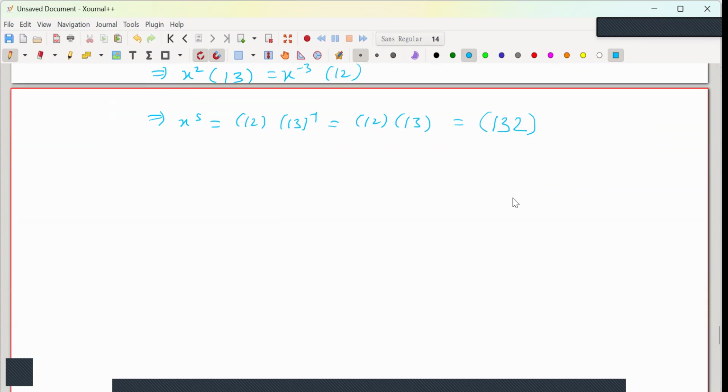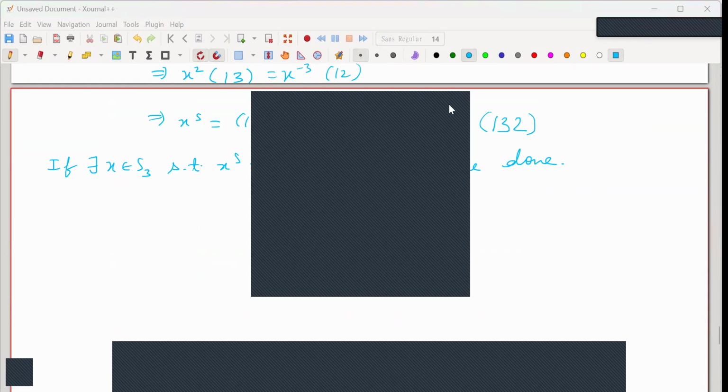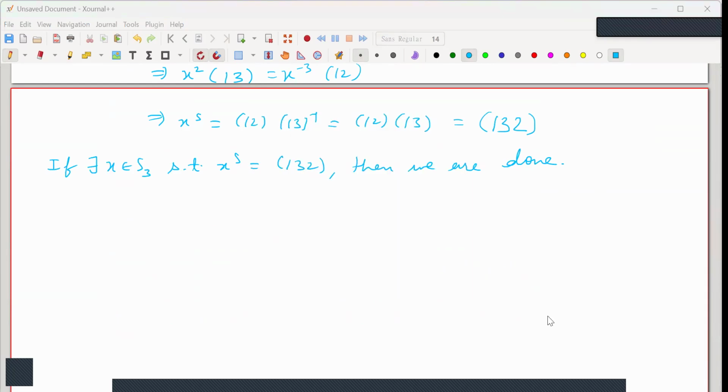So does there exist? Let me formally write the question. If there exists x belongs to S3 such that x5 is 132, then we are done. You got the point? Because for our chosen choice of y, z, w, we have already shown that the previous condition doesn't hold, but this condition is giving us x5 equal to 132.